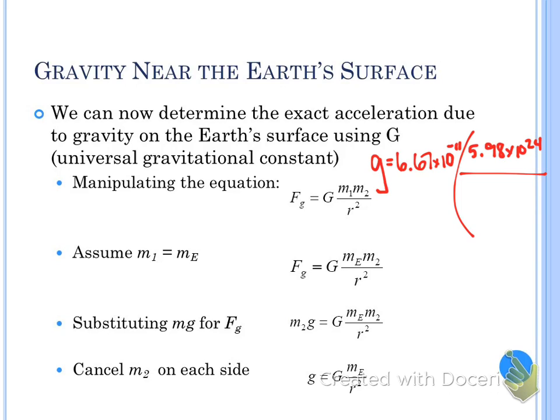The radius here, if I'm assuming on the Earth's surface, I'm just going to use the radius of the Earth, 6.38 times 10 to the 6th, squared. Hopefully you know what it's coming out to be, but I want to prove it mathematically. It should theoretically come out to what we know the acceleration due to gravity is. So solve that in your calculator and see what you get.